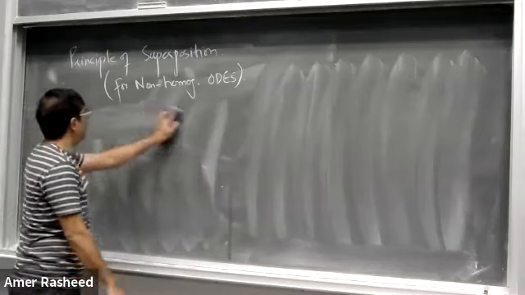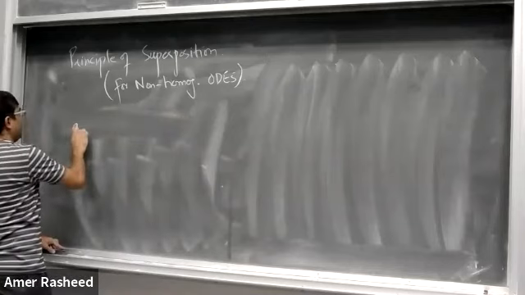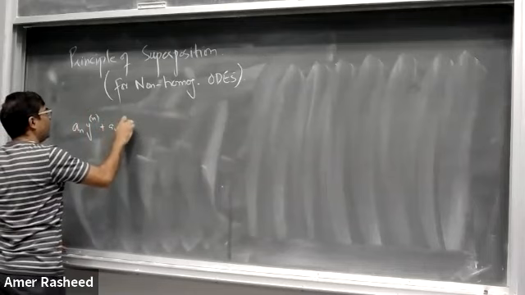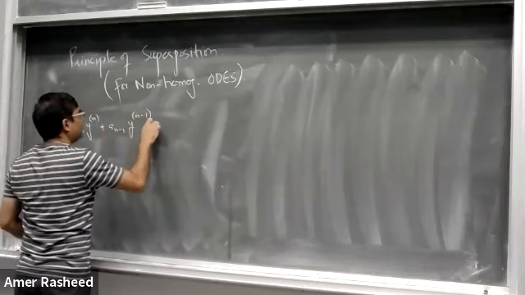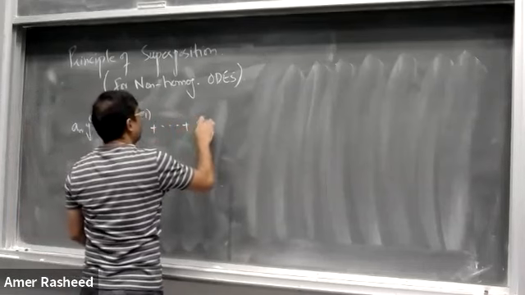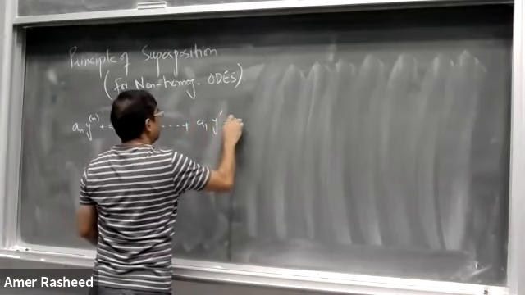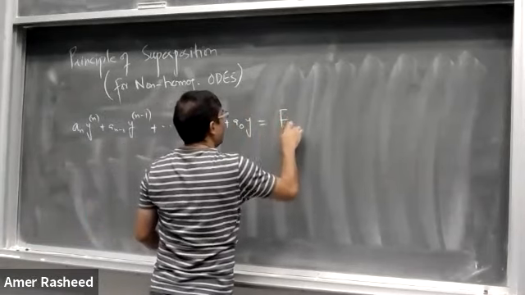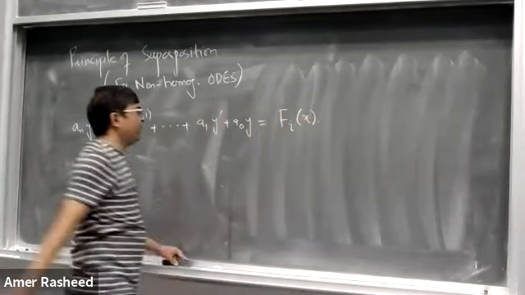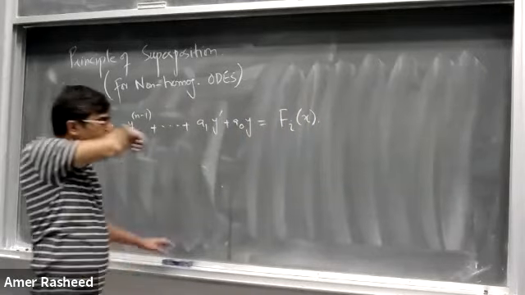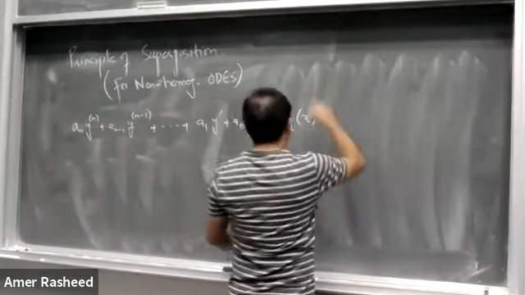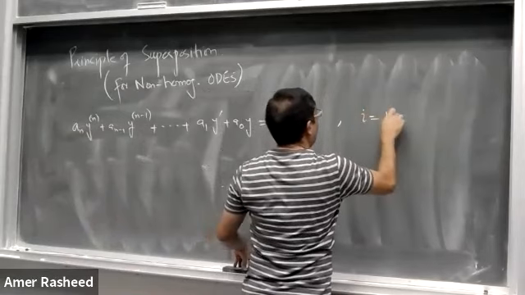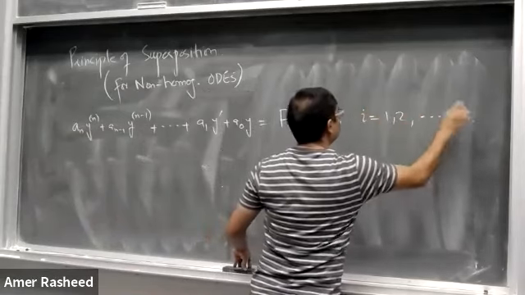Let me write it here for you. an yn plus an minus 1 yn minus 1 plus and so on plus a1 y dash plus a naught y equal to fi of x, where i could vary from 1 to k.